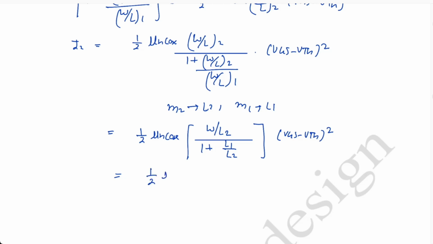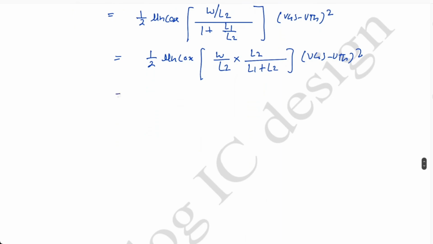Now 1 by 2 mu1 Cox, this will be W by L2 into L2 divided by (L1 plus L2), times (VGS minus VTH) whole square. Now again 1 by 2 mu1 Cox, L2 cancels out, this is W by (L1 plus L2) times (VGS minus VTH) whole square.